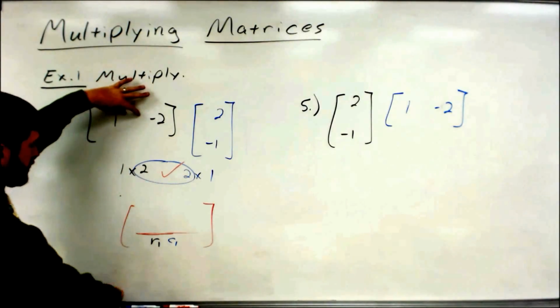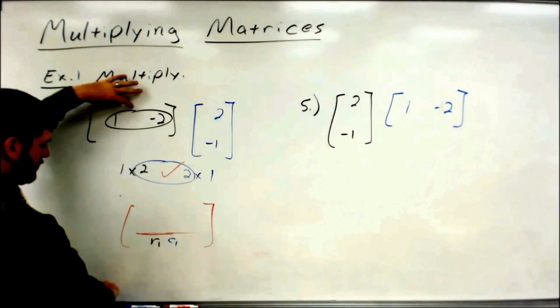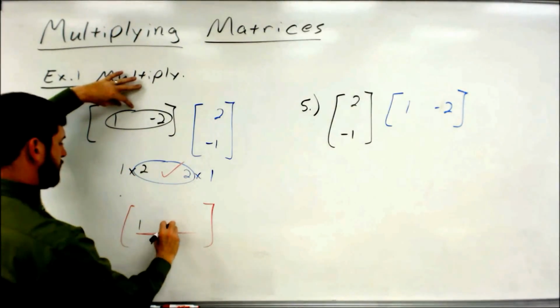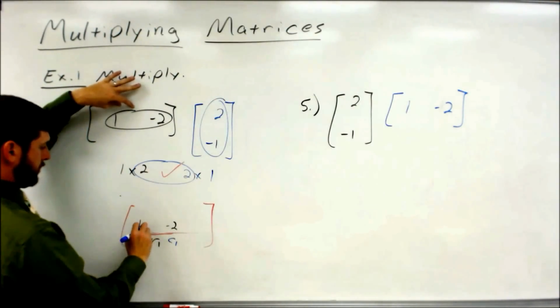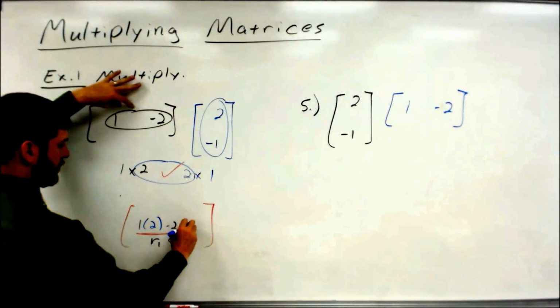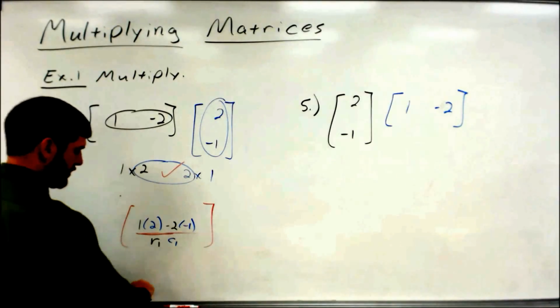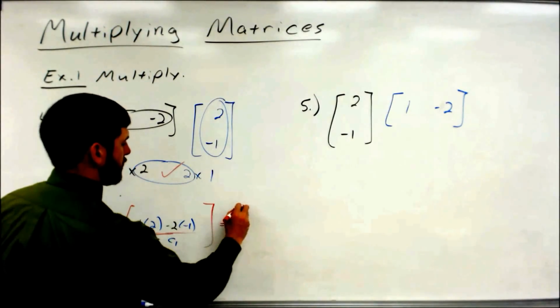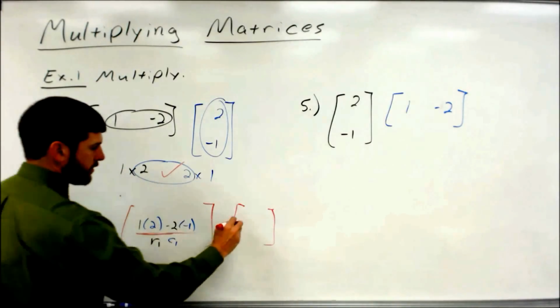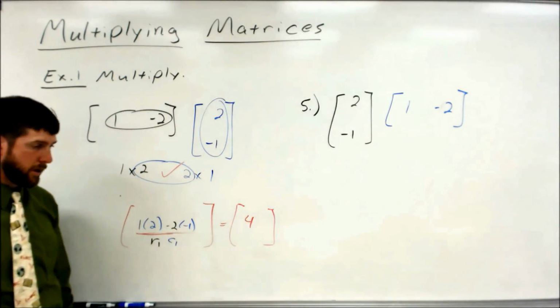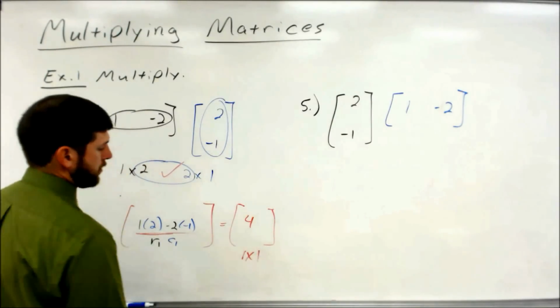So we'll take row 1, which is 1 and negative 2, and we'll combine that with column 1, which is 2 and negative 1. Do the arithmetic on it. 2 plus 2 is 4. So there's the 1 by 1 matrix.